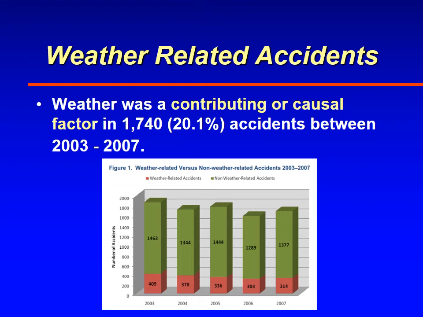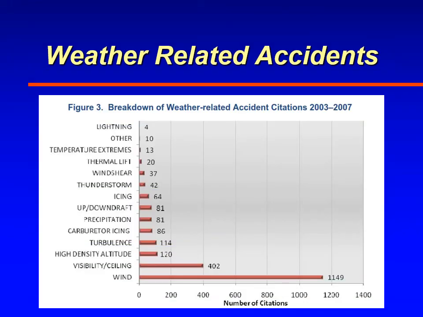So what kind of weather causes these accidents? The NTSB also took statistics on this, and it turns out that the highest frequency of accidents happened with wind. Wind was almost 3 times as much as the next category, which is low ceilings and low visibilities.